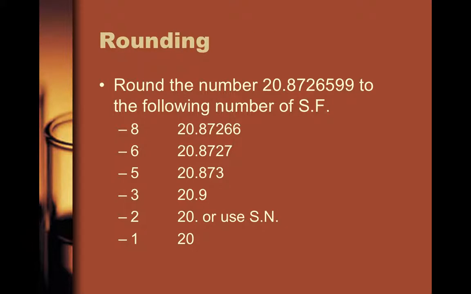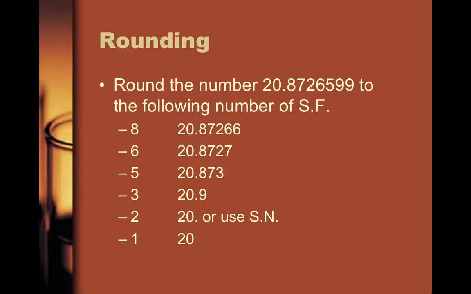So when I ask you to round using significant figures, if I ask for a particular number of digits, you would count over. In the case of 20.7872, etc., you're going to start with the 2, the 0 is significant, and then you're going to go that many places total. If the digit at the end is 5 or higher, we round up.